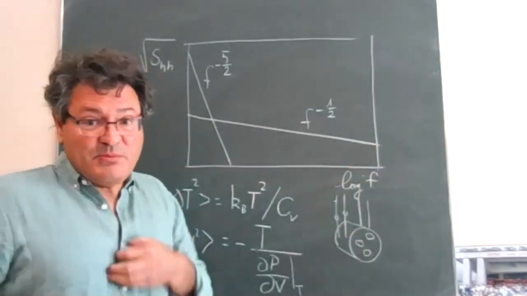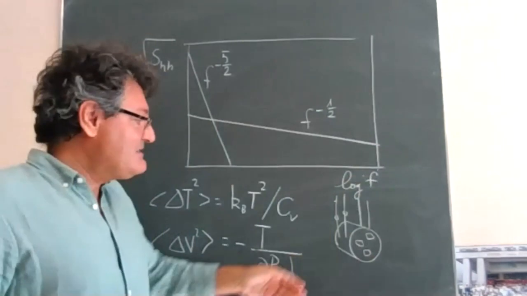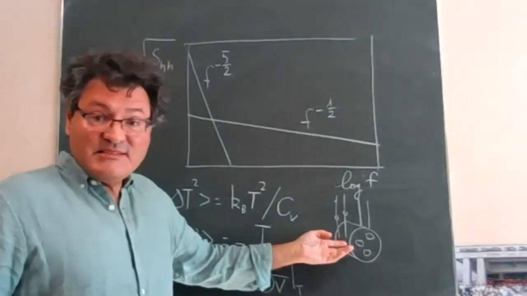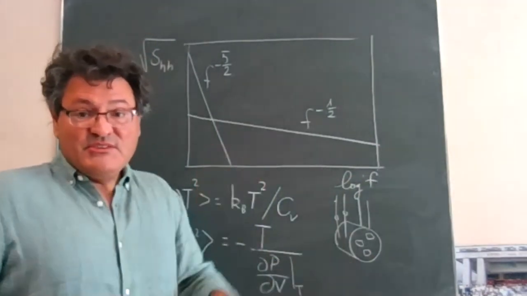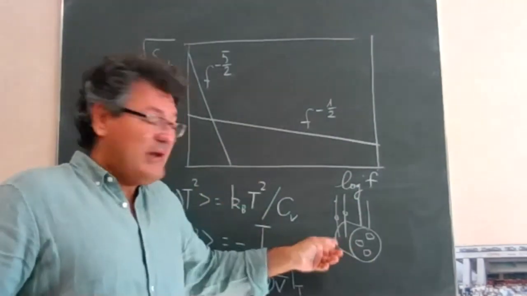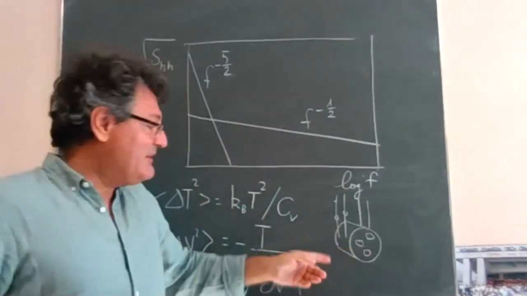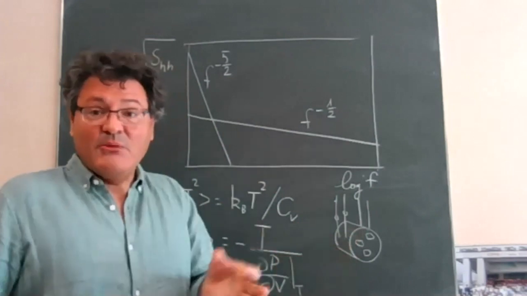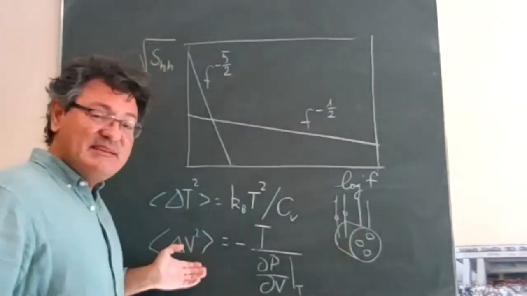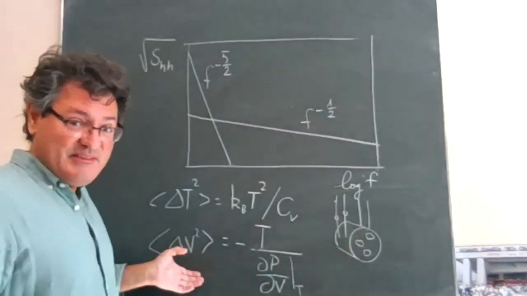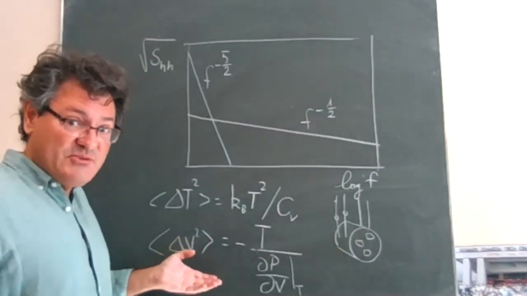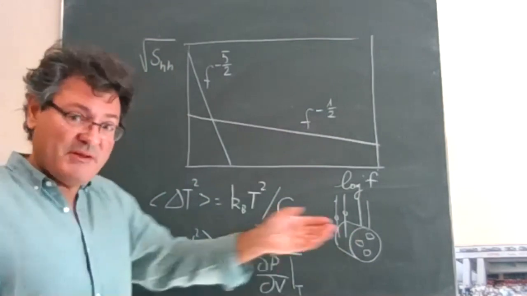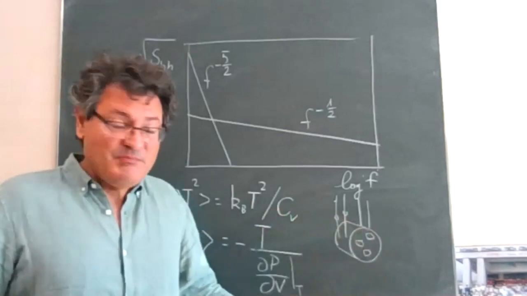And this is kind of easy because heat does not propagate fast in glasses. So the regions that have independent temperature fluctuations in a mirror are quite small. Here it is a bit more complicated, because volume fluctuations propagate at the speed of sound.